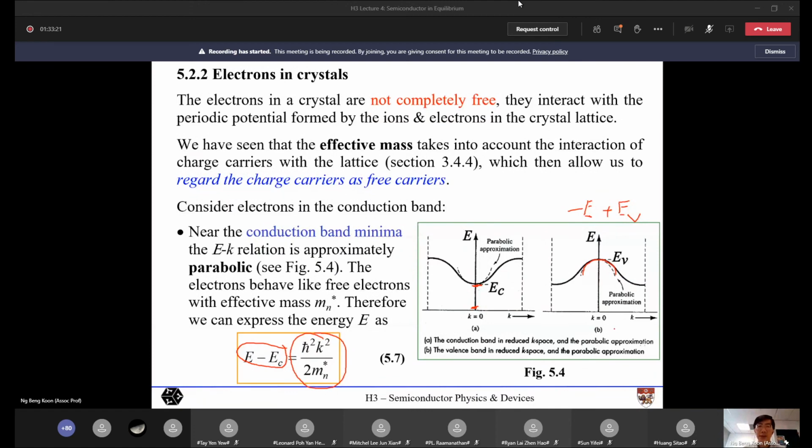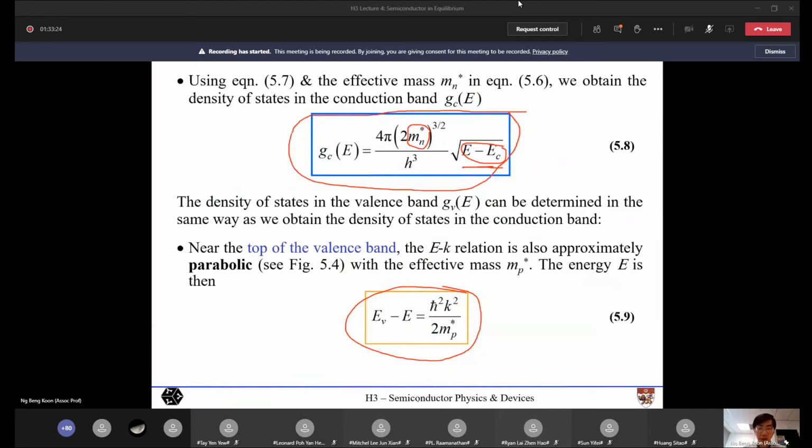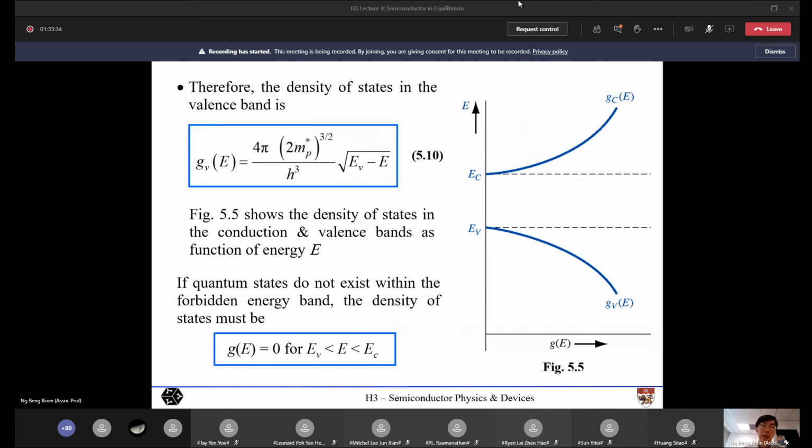So you do minus E plus EV, in order to replace the E with minus E plus EV, which will then have that parabolic relation. So the density of state in the valence band has the same form, except that the energy quantity in the square root term is EV minus E. You need to flip it to be the same as the solution for a free particle. And similarly, we need to use the effective mass of holes in this equation.